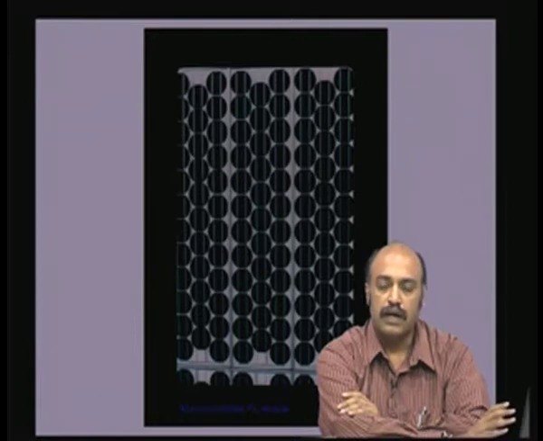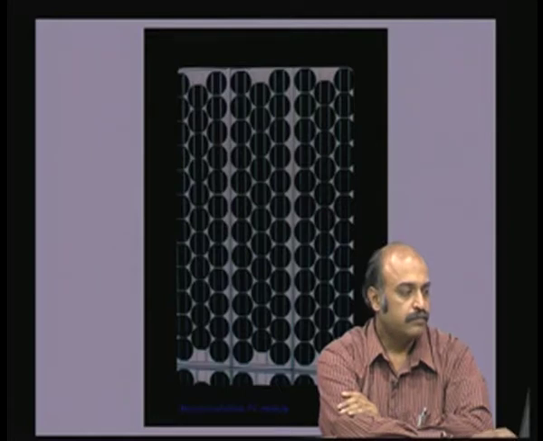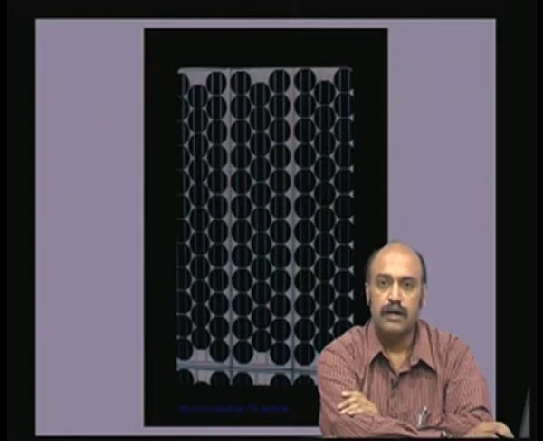These modules are available in the wattages of around 36 watt modules or 44 watt modules. They are pretty costly today. Of course, the costs are coming down. It averages somewhere around 180 rupees per watt.